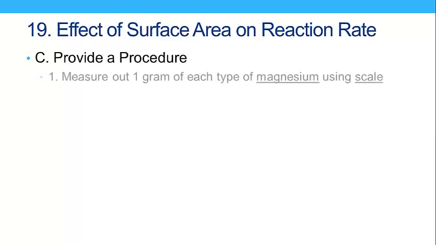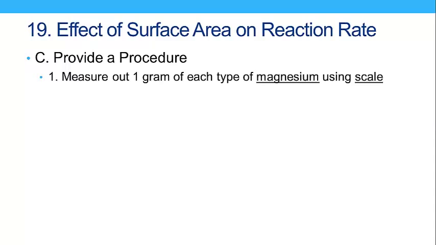A possible procedure. So you're going to need to measure out 1 gram of each type of magnesium using the scale. We want the mass to be a constant because only the independent and dependent variable should change during the course of the experiment. So obviously if I have more magnesium, it's going to take longer to react.